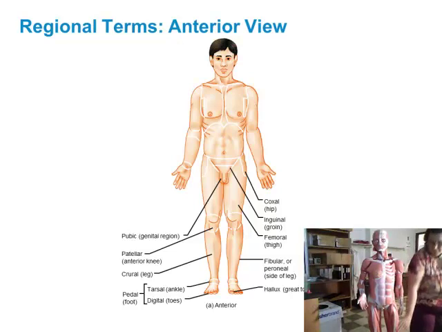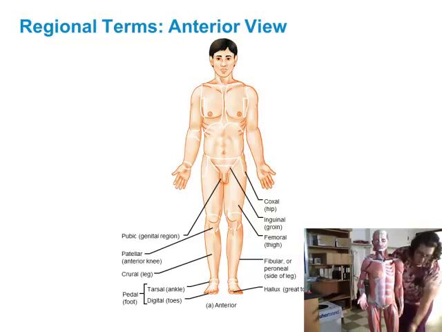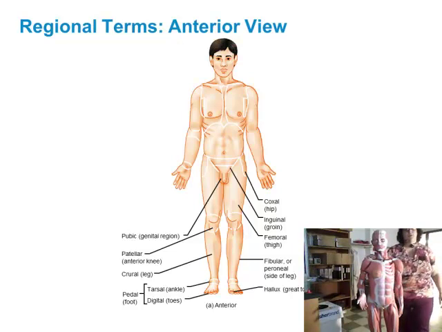The region of the forward bending part of the knee, so the front of the knee, that is the patellar region. Then for the lower part, the leg, we have the crural, which is the area of what you might consider the shin. And on the side of the leg is going to be the fibular.